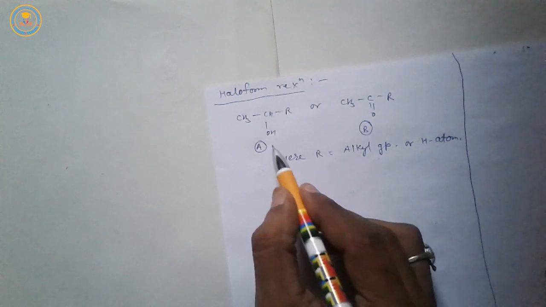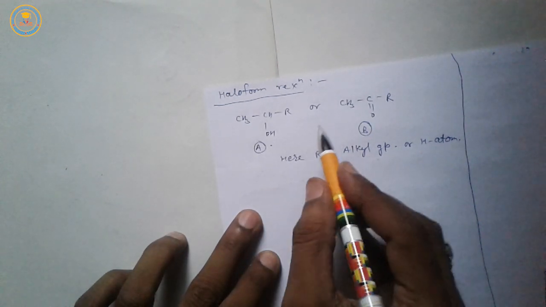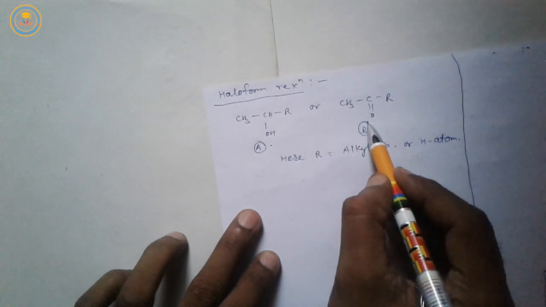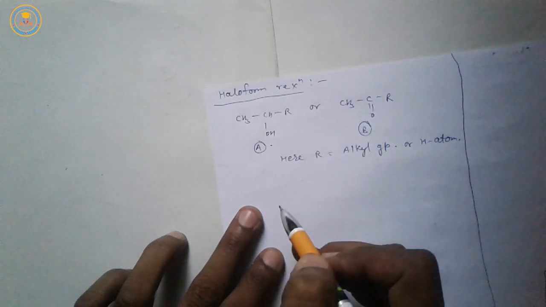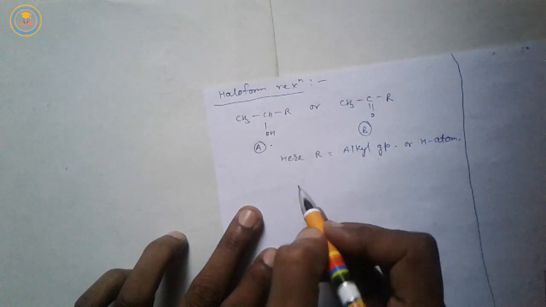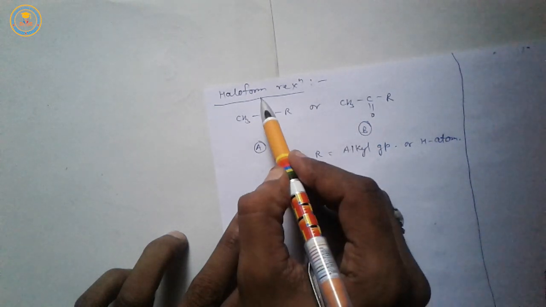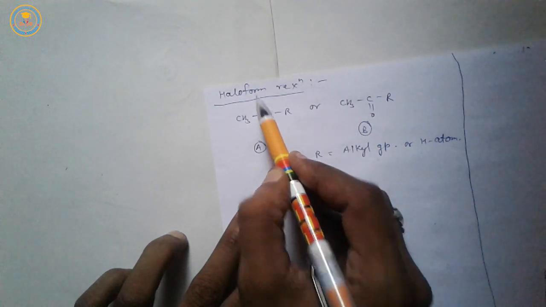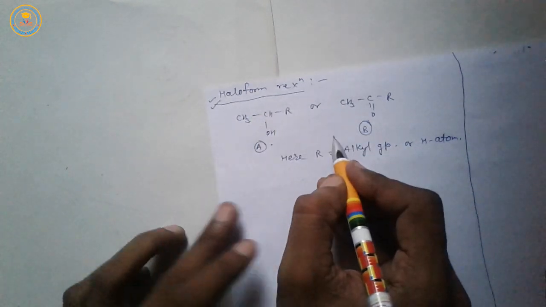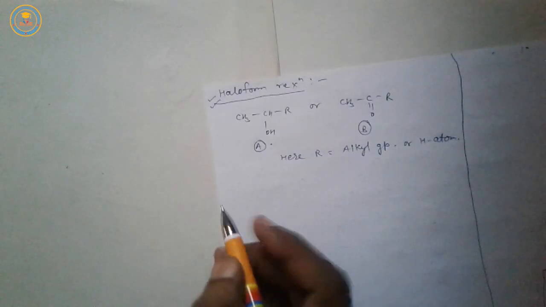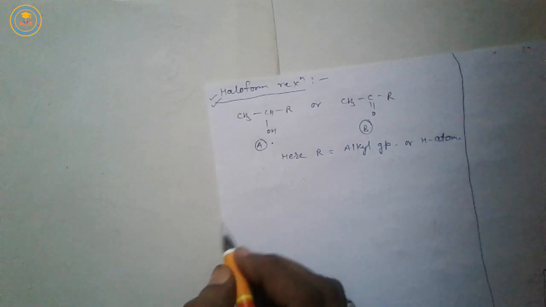Compounds having structure A on oxidation with halogen change into structure B. When compounds with structure A or B are heated with halogen and base, then through the haloform reaction, formation of haloform occurs. It is known as the haloform reaction. In the haloform reaction, the following steps are involved. Step first.